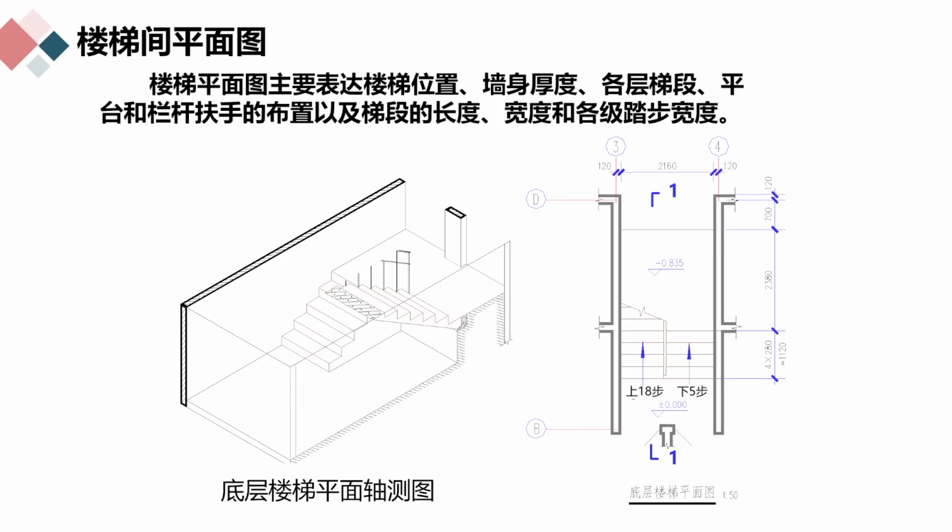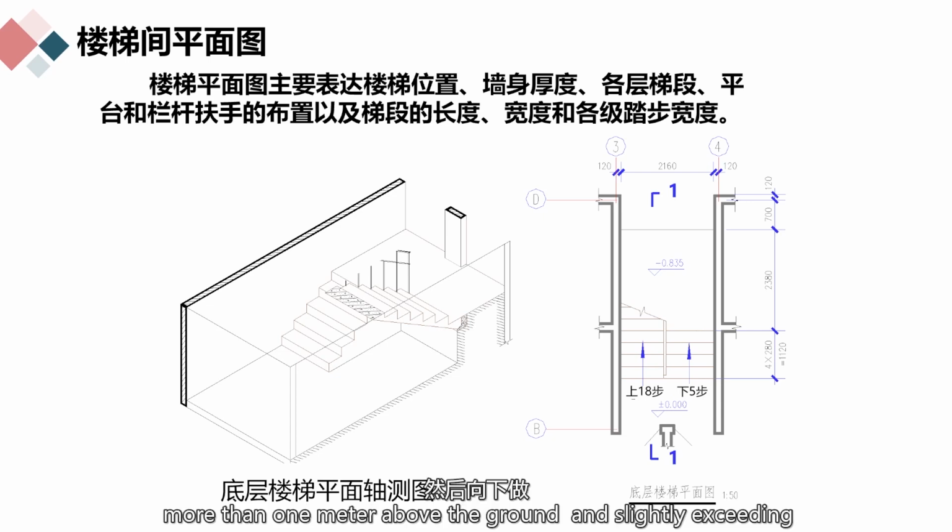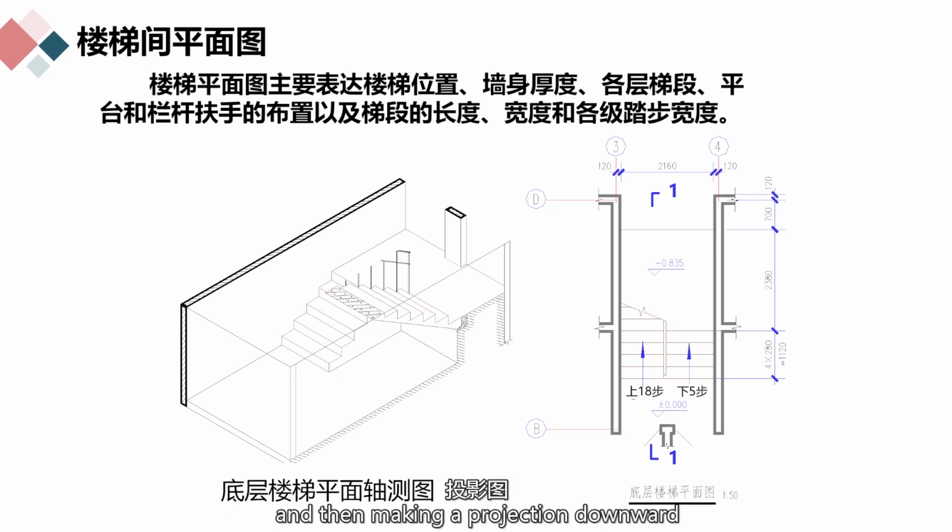Stairwell plan. The stairwell plan is a projection drawing obtained by using an imaginary cutting plane to cut along the horizontal direction at a position more than 1 meter above the ground and slightly exceeding the lower edge of the door and window openings, and then making a projection downward.